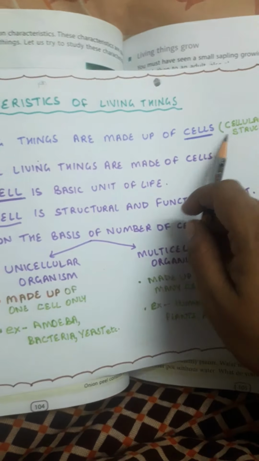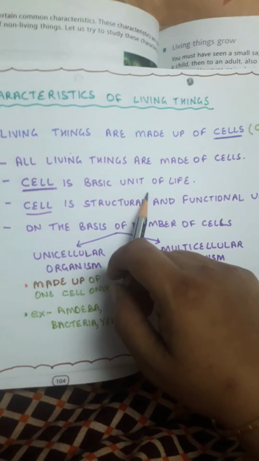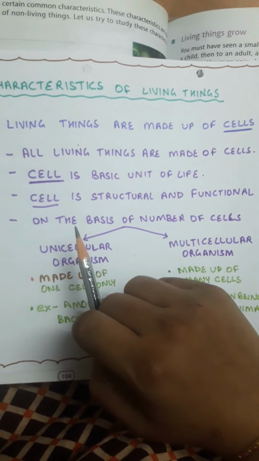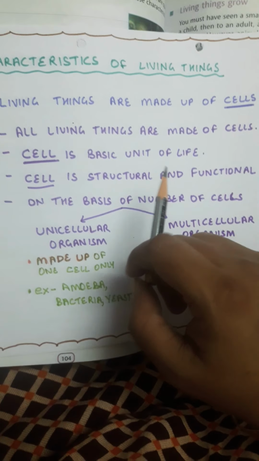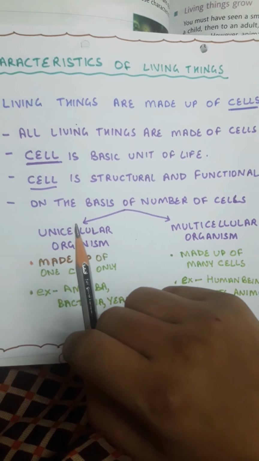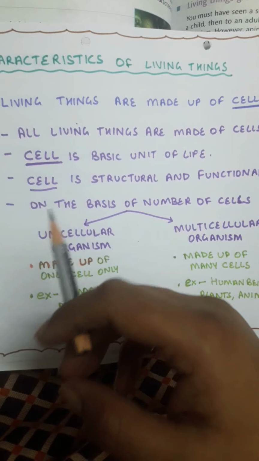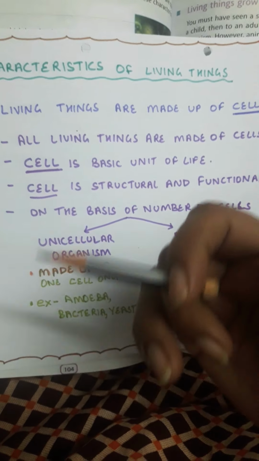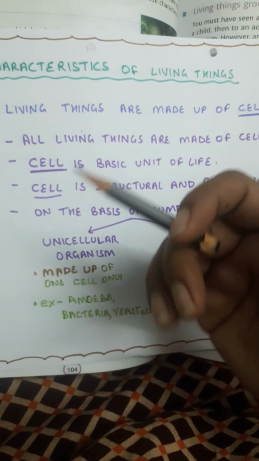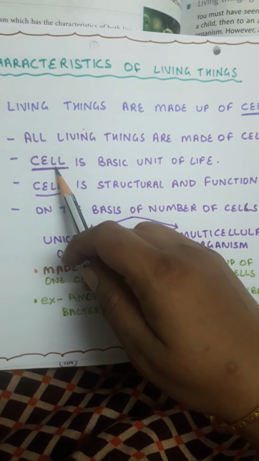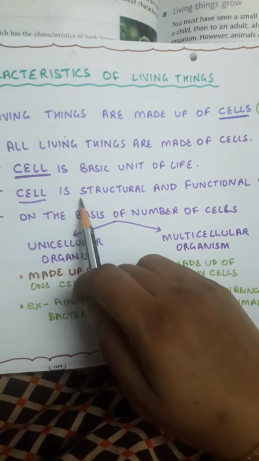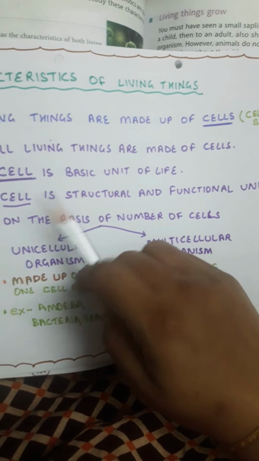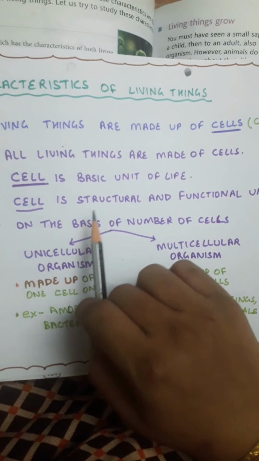Now what are cells? Cell is the basic unit of life. It is a very important and basic unit. Like if you have to build a house, the very first thing which you require for the building is a brick. Likewise, if any living organism is there, it is first of all made up of cells. Cell is the structural and functional unit of living organisms.